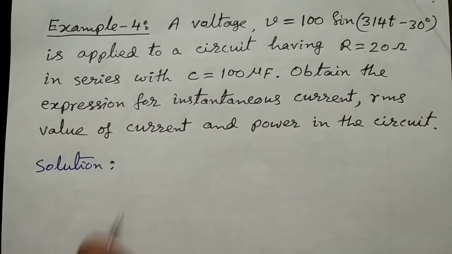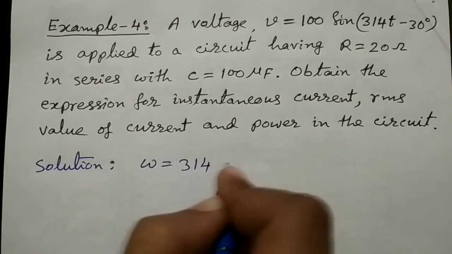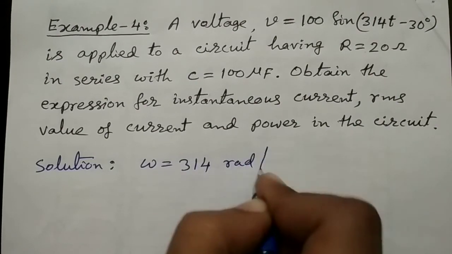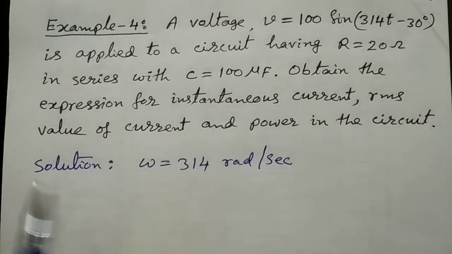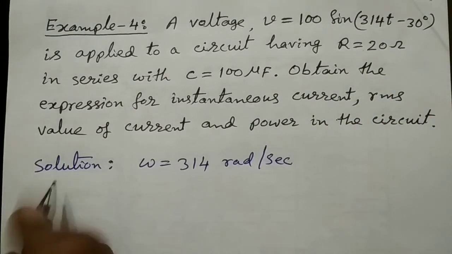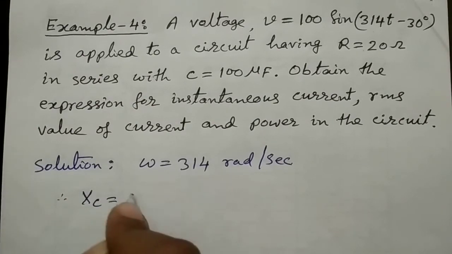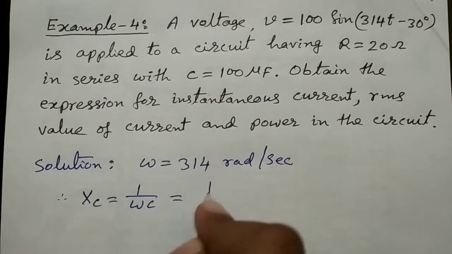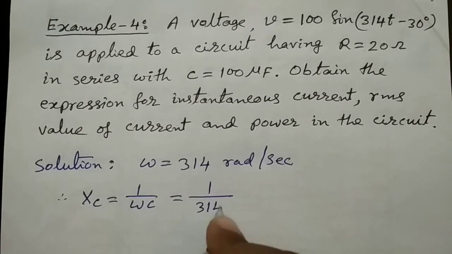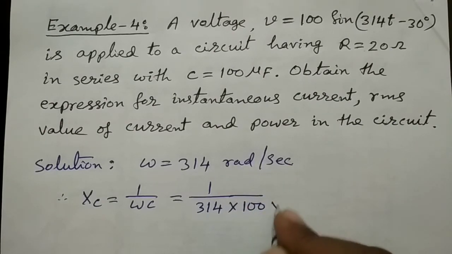Here the value of omega is 314 radian per second. That we can find from the expression of the voltage. So the capacitive reactance can be written as 1 upon omega C. So it will be 1 upon 314 into capacitance, that is 100 microfarad.